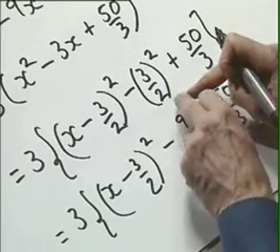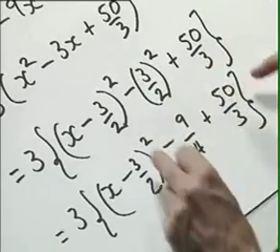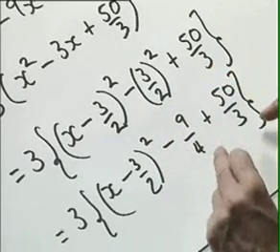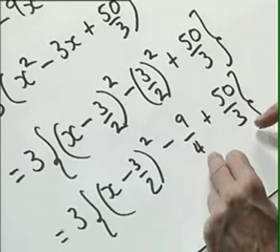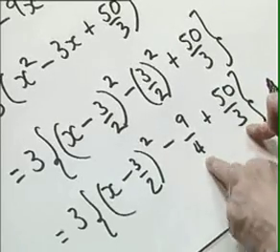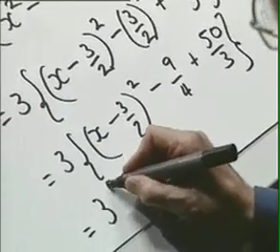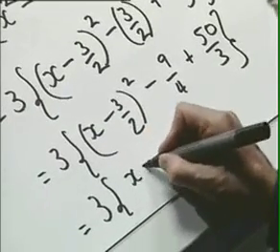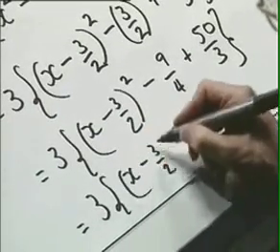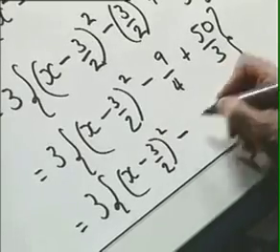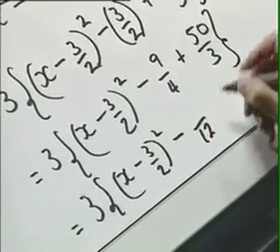Now all we need to do now is put these together. And to do that, we need a common denominator, and the common denominator of 4 and 3 is going to be 12. 3, the big curly bracket, x minus 3 over 2, all squared, minus over 12.